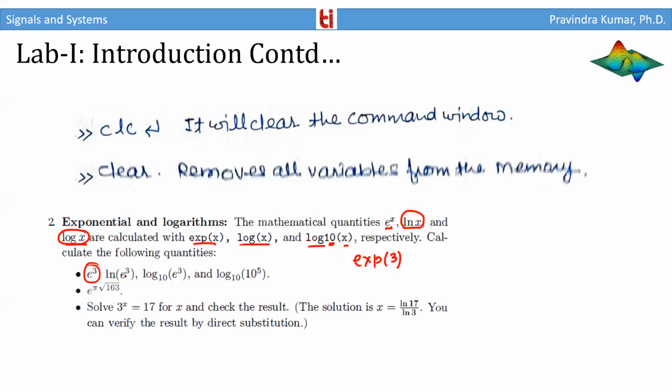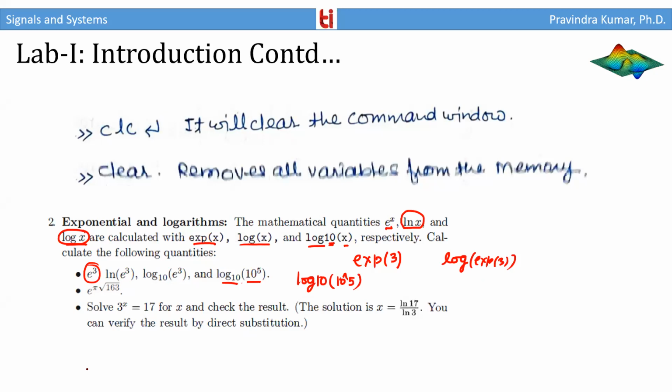Log of e to the power 3, natural log, so you can write log exp 3, and log base 10 of 10 to the power 5.